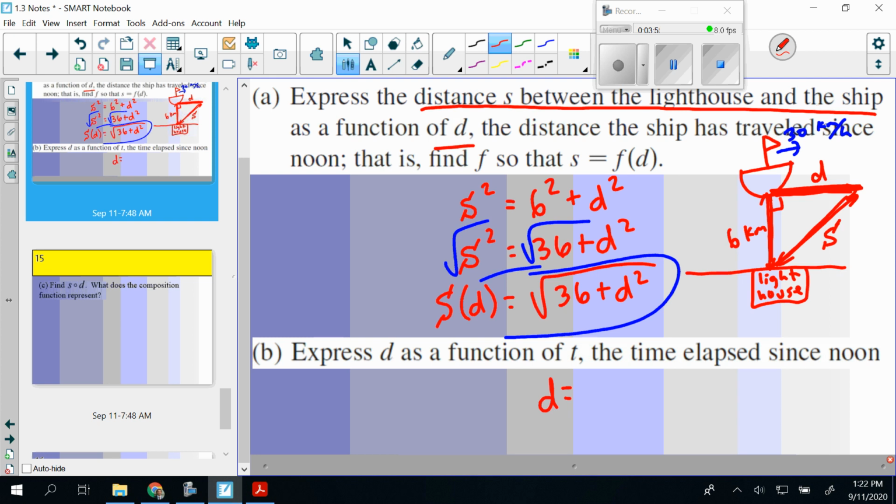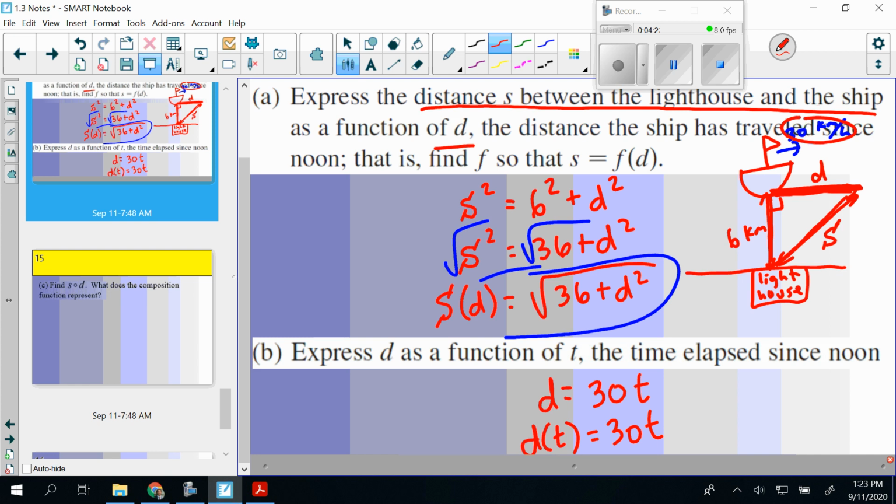If you take how fast you're going and multiply by the time, that gives the distance. How fast is our ship moving? We know 30. So 30 kilometers per hour times the number of hours t gives us that distance. Here, the distance is a function of time. Whatever number of hours since noon we plug in tells us the distance traveled.